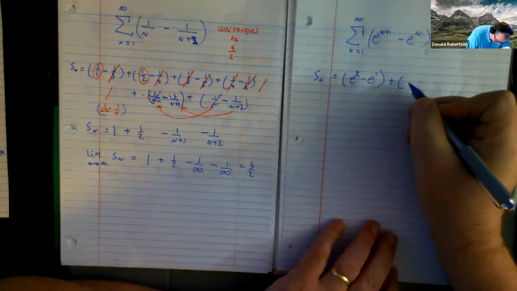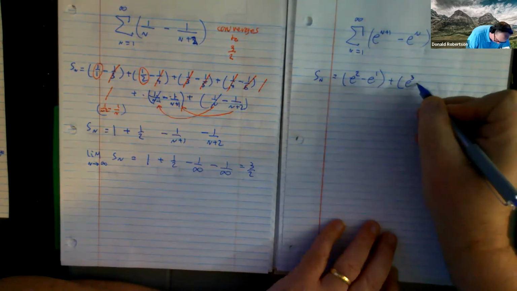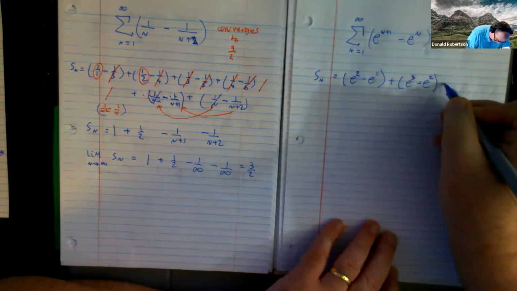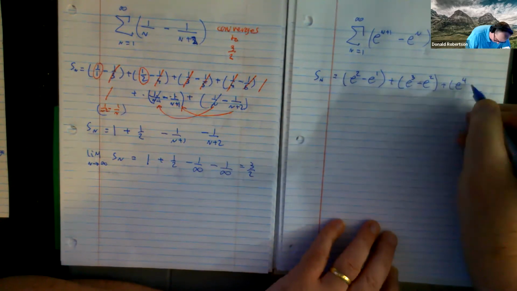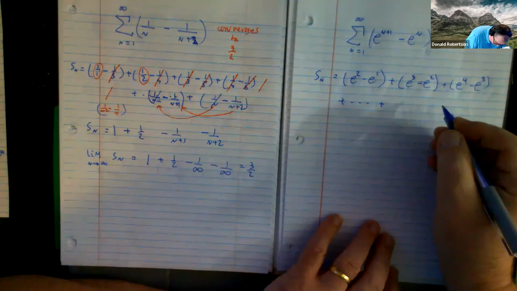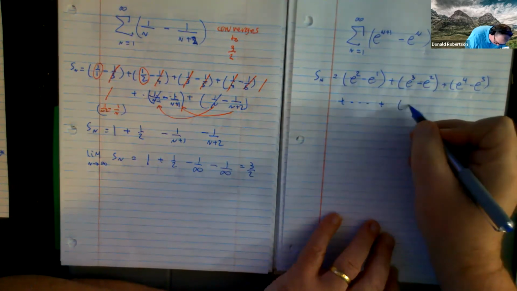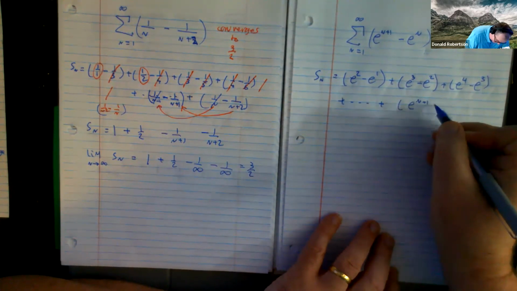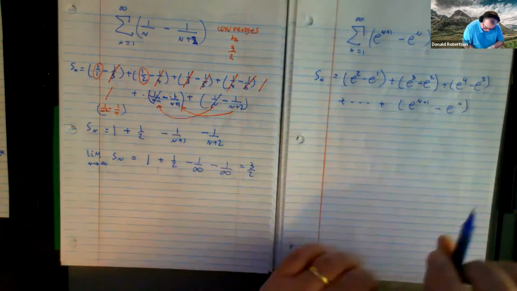You plug in 2, you get that. You plug in 3, you get that, and you keep on going. And I'm going to plug in that one as my last guy.